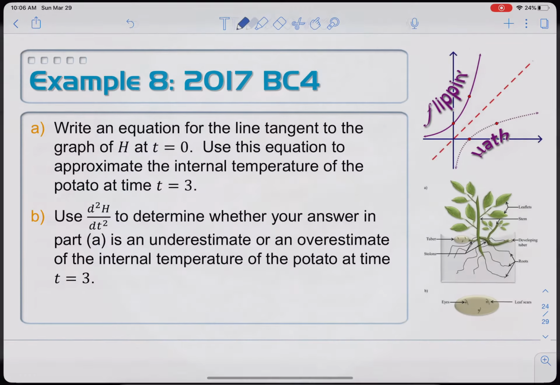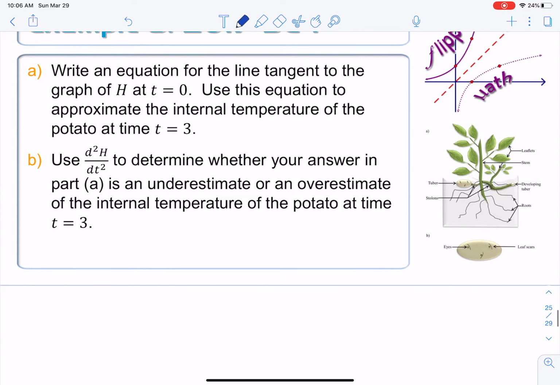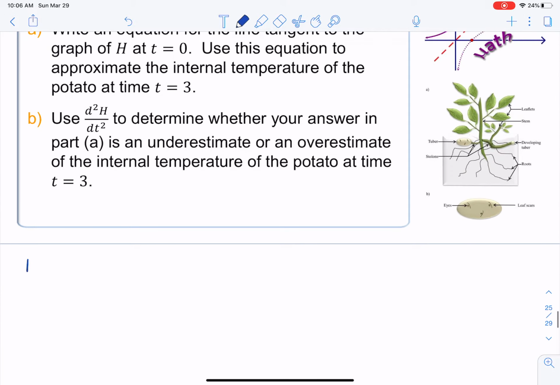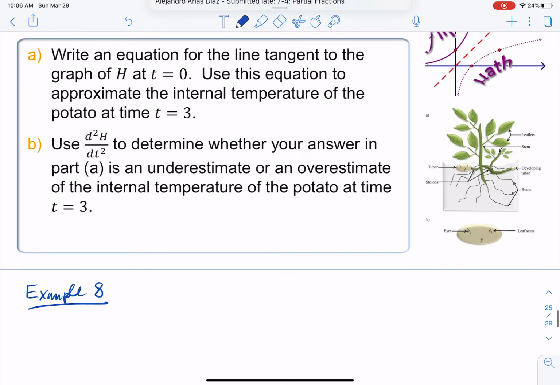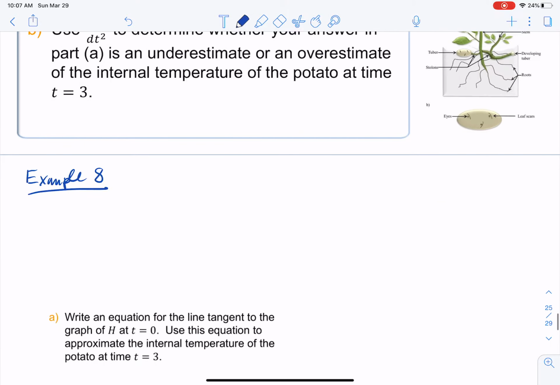So we'll pull up our note page here. In order to get started, I need to first label this as example 8. Then let's write down a couple of key things. First of all, we want to write down our differential equation, which was dh/dt, if I'm not mistaken, is negative 1/4 times (h minus 27), is that right?